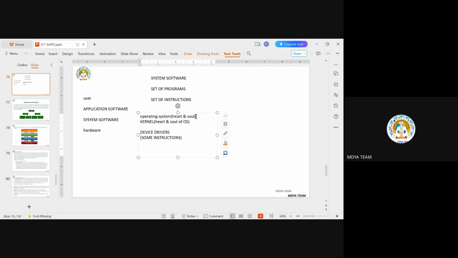You install it, and there are so many instructions written in that disk. You just open it and copy and paste, or you can download that device driver.